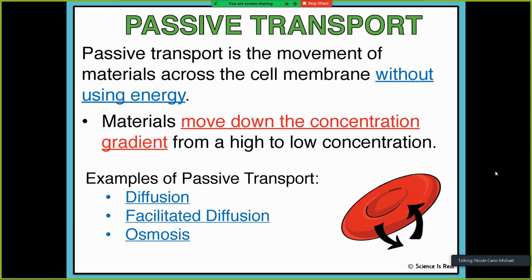There are three types of passive transport. There is diffusion, there is facilitated diffusion, and then there is osmosis. So those three types of passive transport do not require any energy because, again, we are moving materials from areas of high concentration to areas of low concentration, and that flow happens naturally.